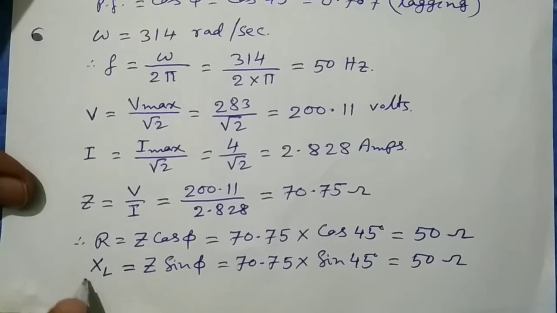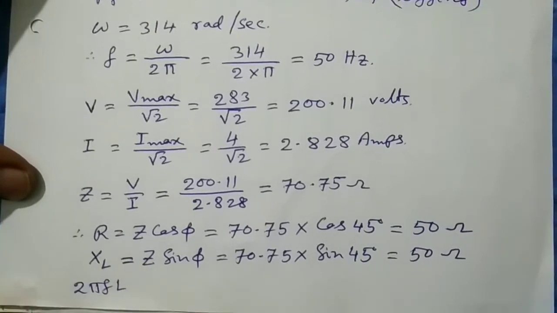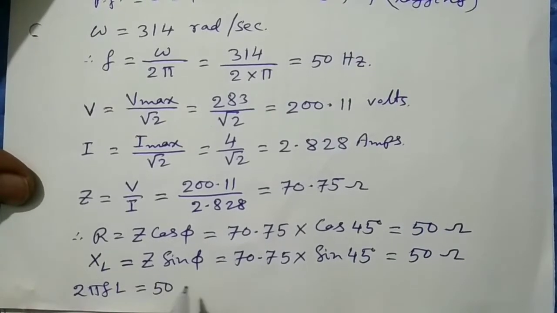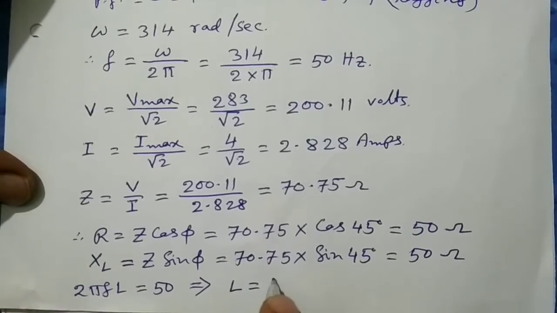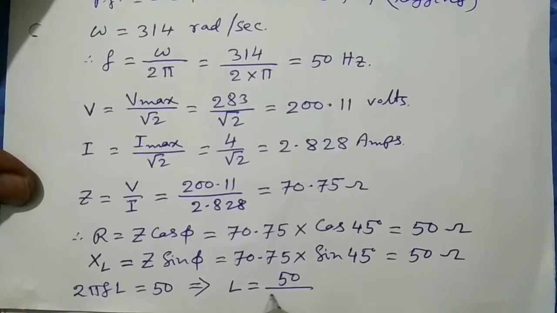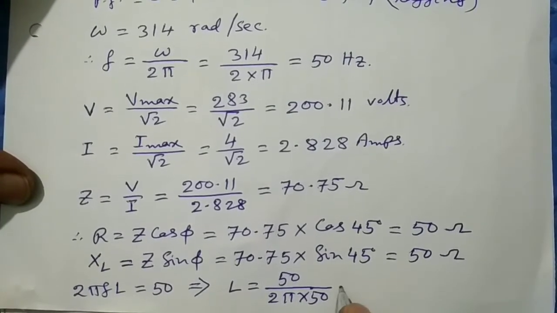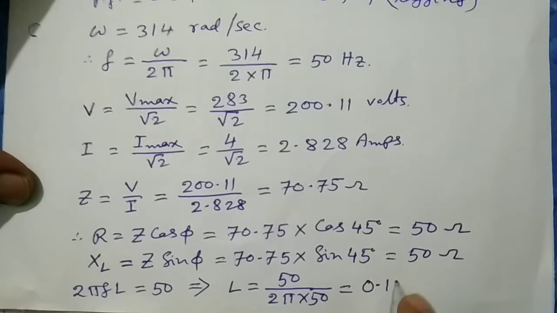We know that XL is equal to 2 pi FL. So here 2 pi FL is equal to 50. Therefore, L can be written as 50 upon 2 pi into F, that is 50. So the value of L will be equal to 0.159 Henry.